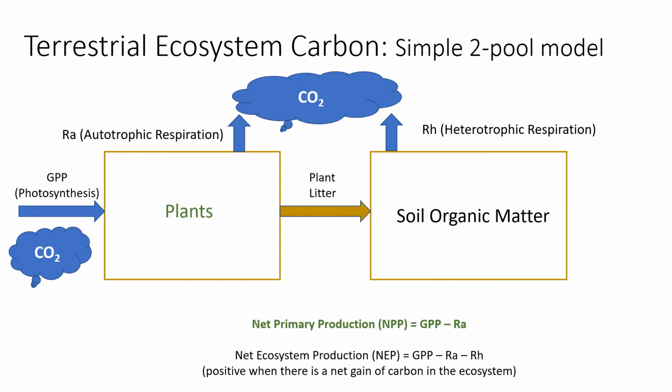So again, net primary production is gross primary production minus autotrophic respiration, and the net gain by the ecosystem, NEP, is GPP minus the two respiration terms. There's a net gain of carbon in the ecosystem when NEP is positive.